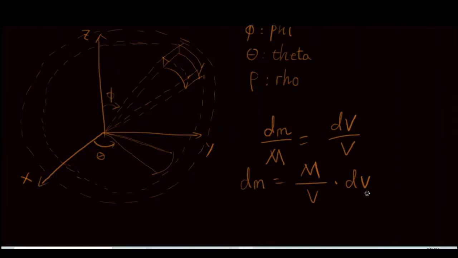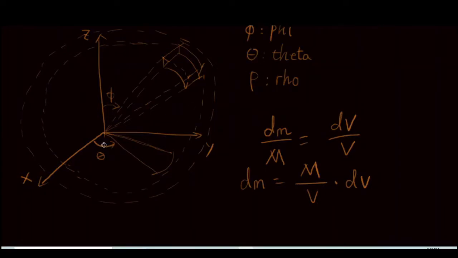Okay, so to find out dV, we need to use the spherical coordinates, which has three parameters: phi, theta, and rho. So phi is the angle from the destination line to the z-axis. So it ranges from 0 to pi.